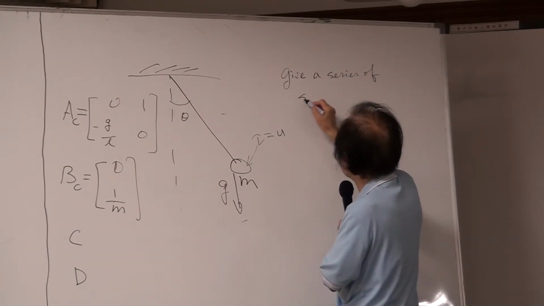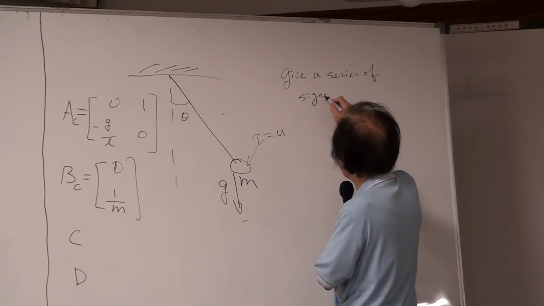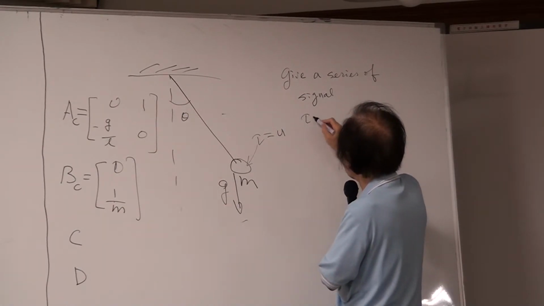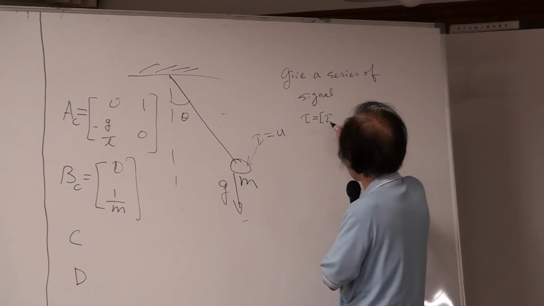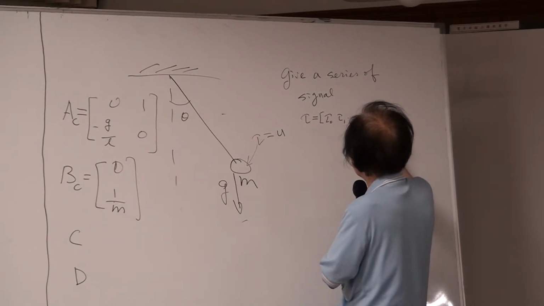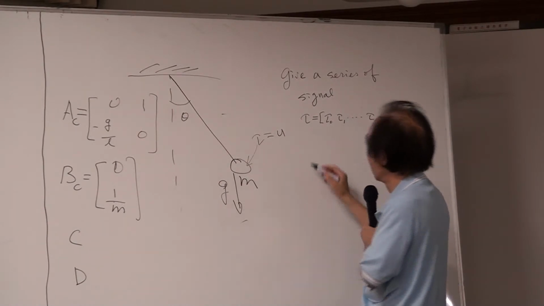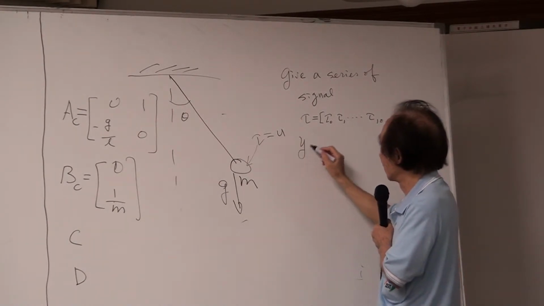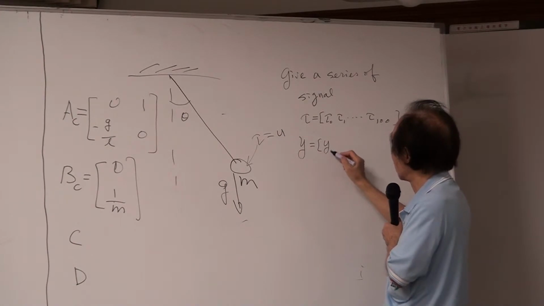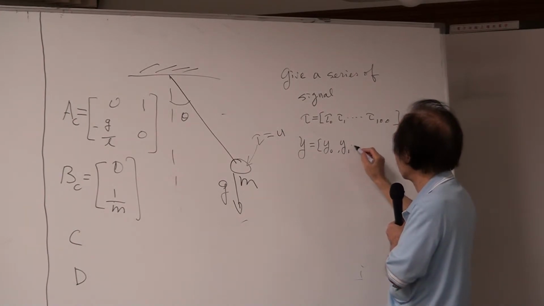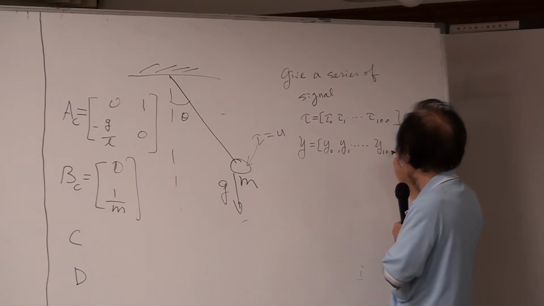a series of signal tau. Tau can be tau 0, tau 1, up to tau maybe 100. Then I go to measure it. I have measurements y0, y1, up to y100.